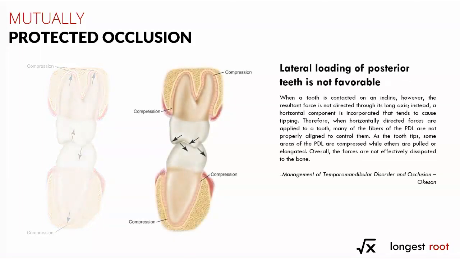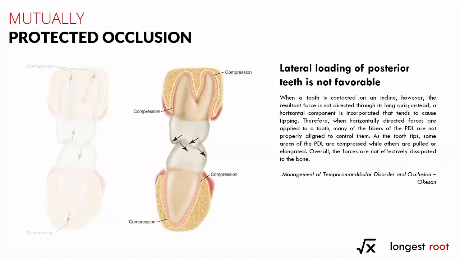Let's look at it when we load this tooth in a different direction. So instead of pushing straight down, now we're loading it side to side, right? So you can imagine as we're moving our teeth laterally, and if our teeth are in contact, it's no longer just a vertical force pushing the tooth straight down. We're now tipping the tooth or kind of knocking it to the side, right?